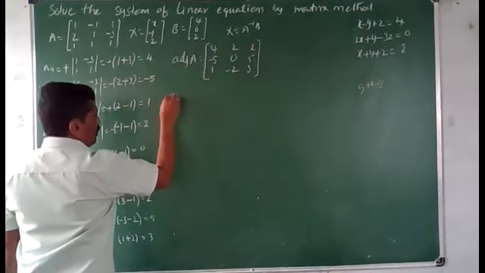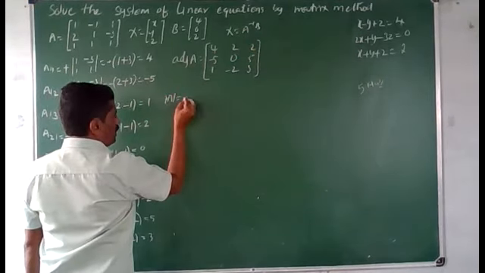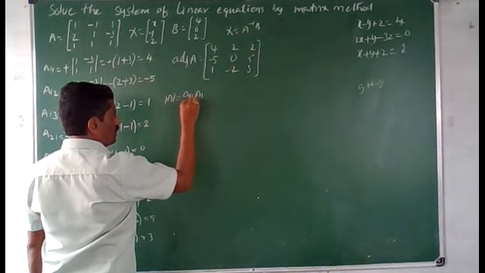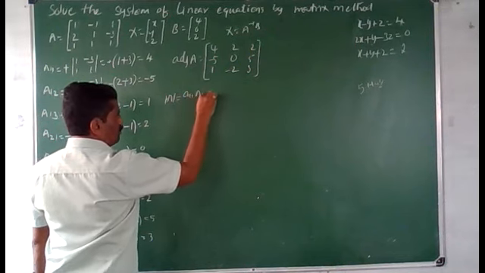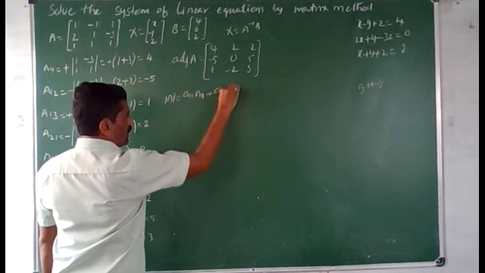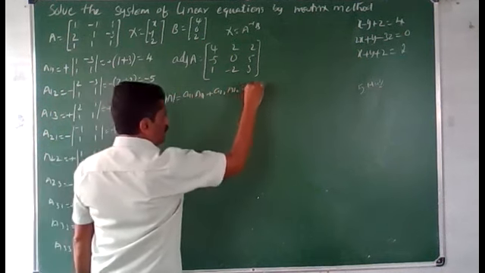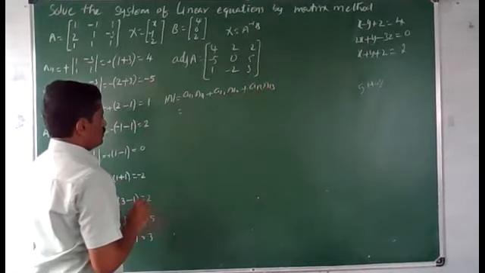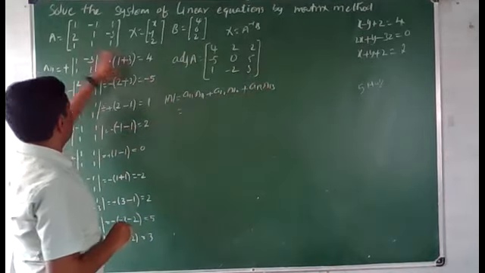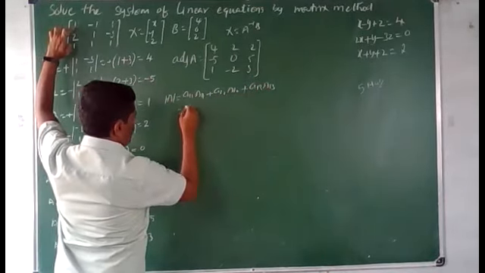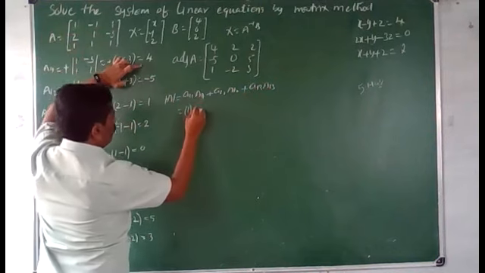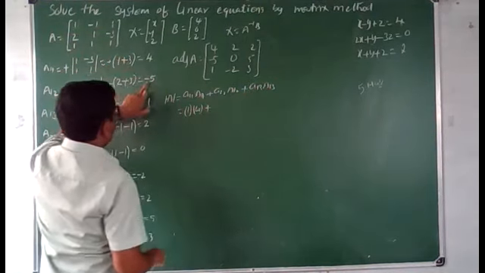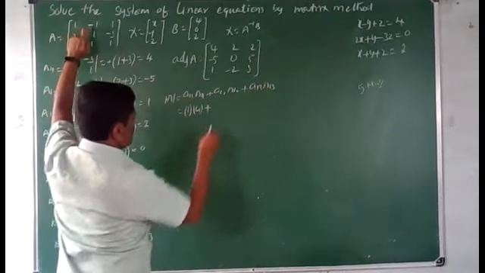Before, we find the determinant of A, which is equal to capital A11 into small a11, plus small a12 into capital A12, plus small a13 into capital A13. Again that is equal to, so what is small a11? We have here, that is 1. Capital A11 we have 4. Again plus, small a12 we have minus 1.